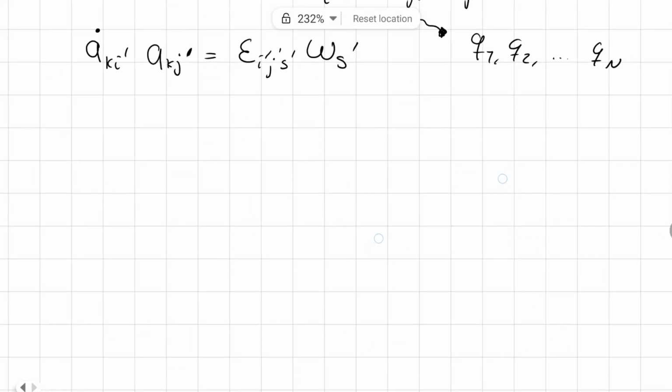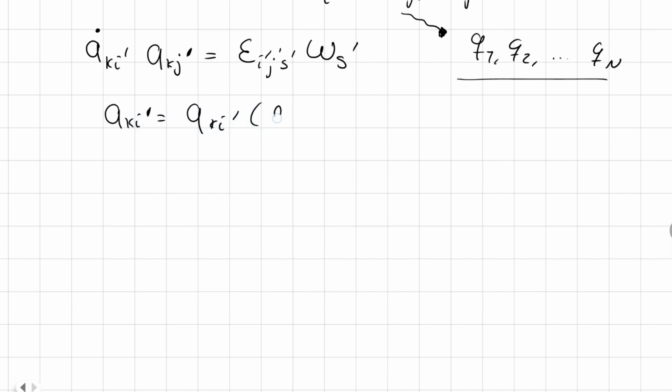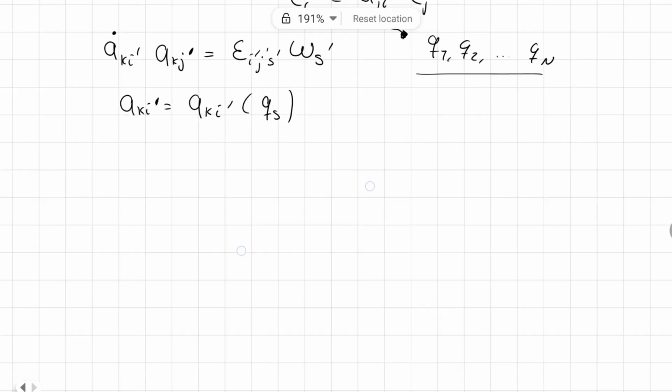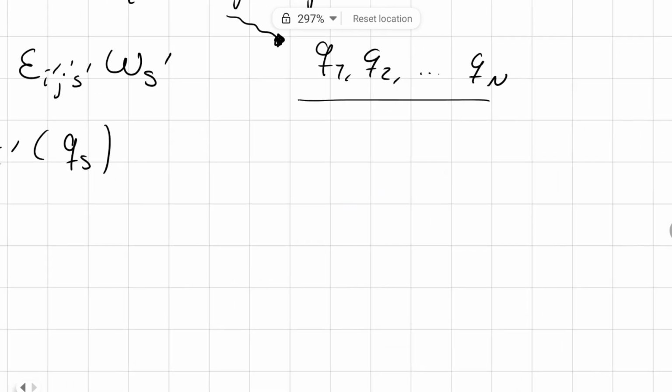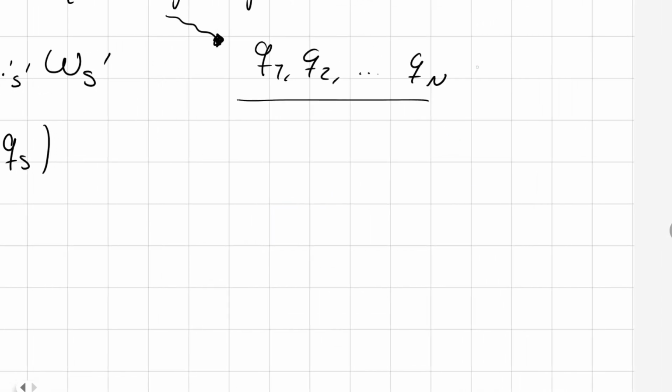Well, if they depend on these q's, we can write, for example, a_ki prime equals a_ki prime of q_s. We have a function a_ki prime that depends on the q's, okay? Again, we know that the generalized coordinates depend on time, so q_s is a function of time.